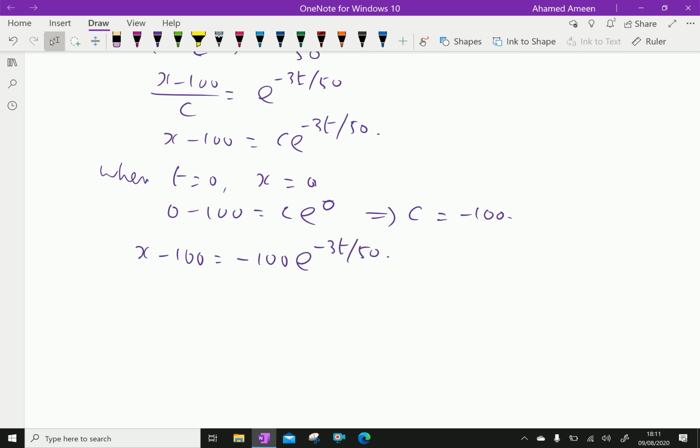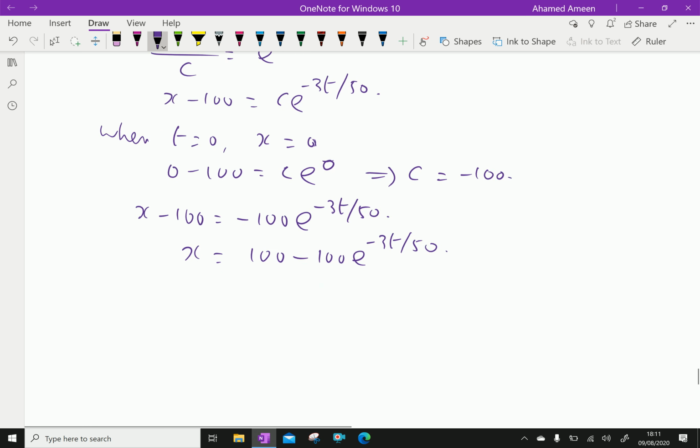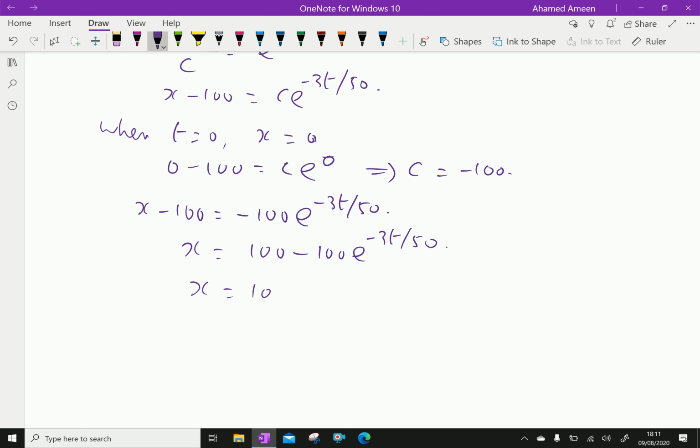Therefore x gives 100 minus 100 e power minus 3t over 50. Then further, 100 is common, so 1 minus e power minus 3t over 50.